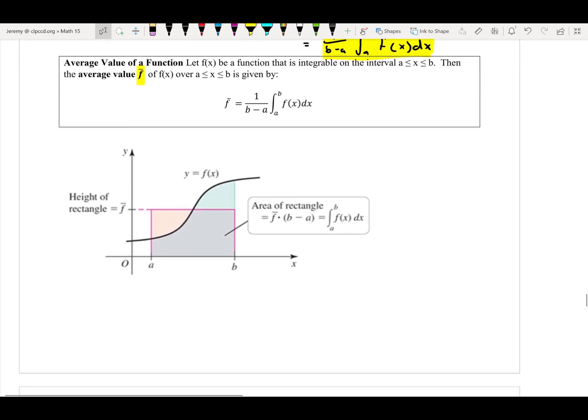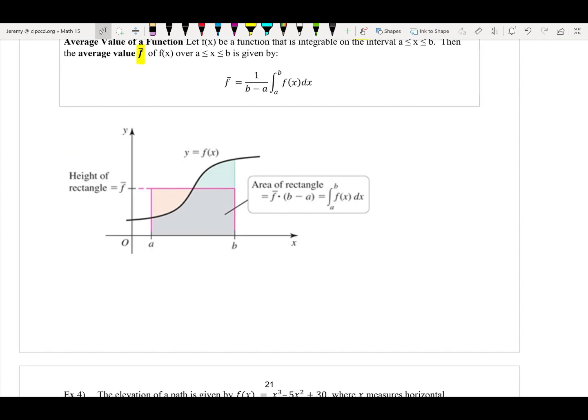And the visual graphical interpretation of this is if we took the area under the curve from a to b of f of x and compressed it into the shape of a rectangle, the height of that rectangle is going to be the average value of the function.